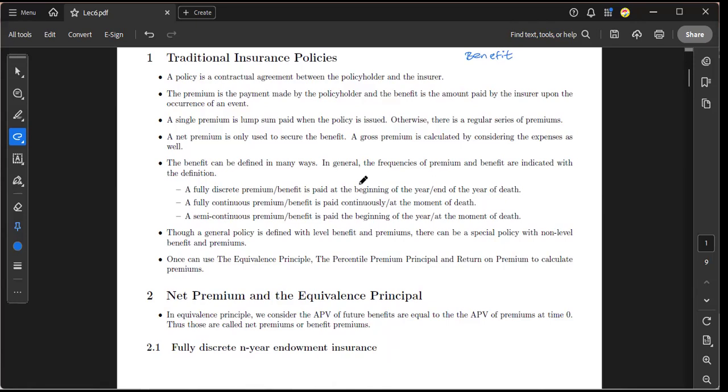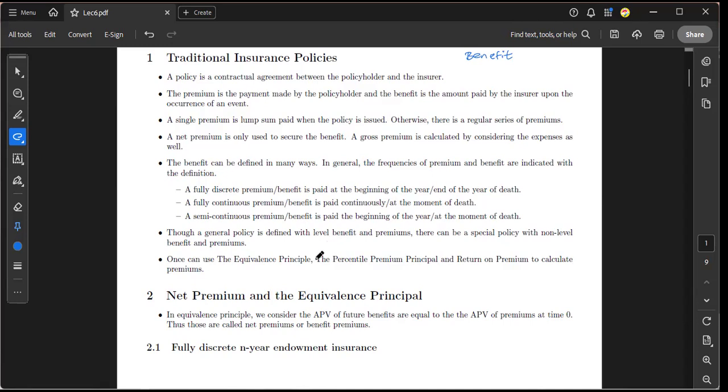But if the coverage period is compounded monthly, then the benefit can be paid at the end of each month for deaths that occur during that month. The other thing is a fully continuous benefit payment, which means the benefit will be paid at the moment of death. There can be another case which is semi-continuous. For some periods, the benefit will be paid at the moment of death. For other periods, the benefit will be paid at the end of that period, if the death occurs within that period.